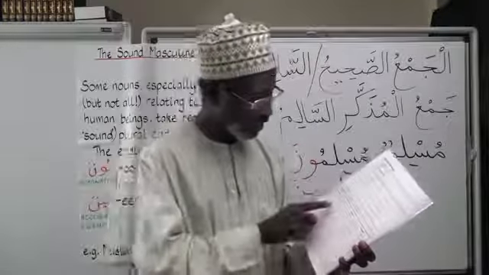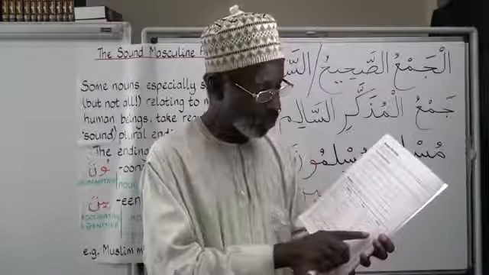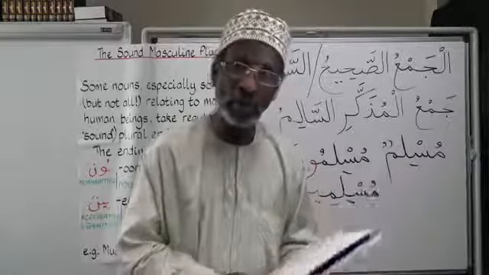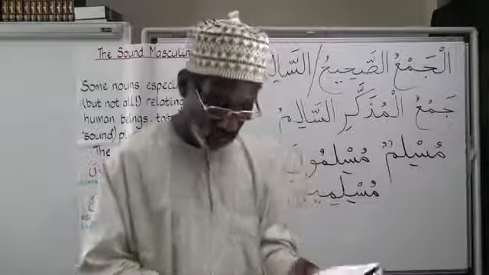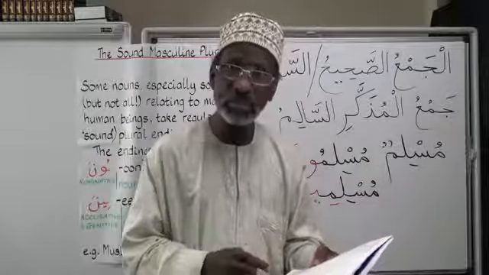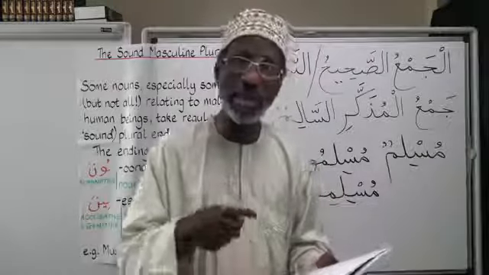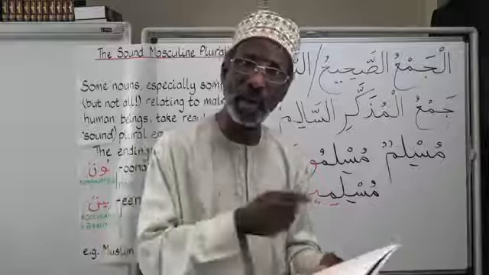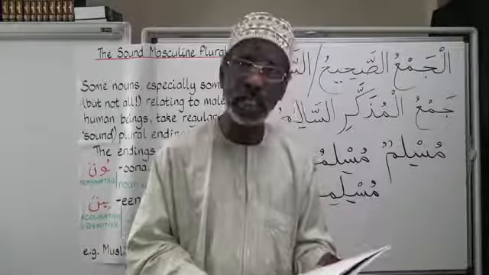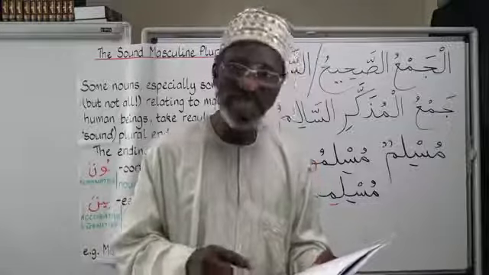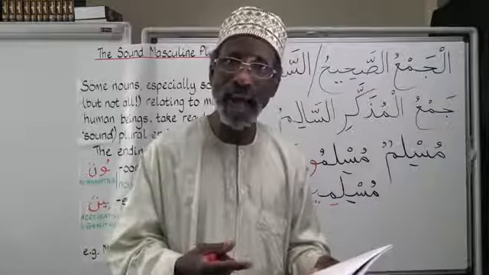Now, there is a vocabulary for you here. We have mu'minun. Let's read that. Mu'minun, a believer. Muslimun, a Muslim. So what the ending will be, mu'minun becomes mu'minuna. Muslimun, muslimuna. Mu'adhinun, mu'azzin, mu'adhinuna.